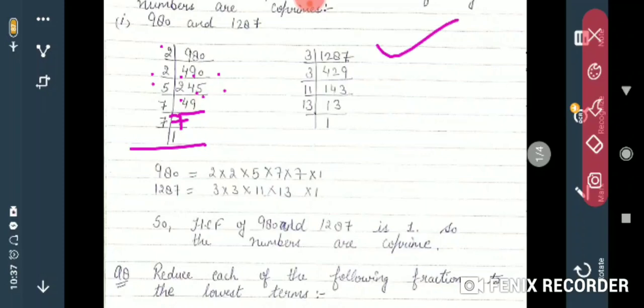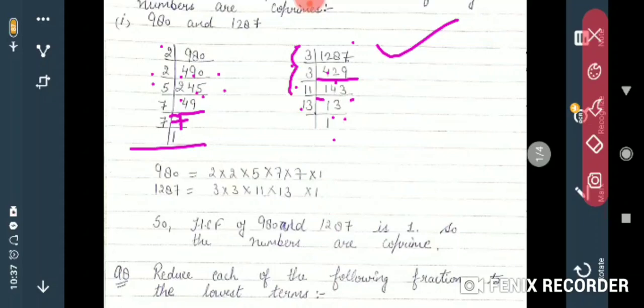Then 1287. The last digit is 7, so it won't be divided by 2. Then 3. 3 4s are 12, 3 2s are 6, 3 9s are 27. Then 3 1s are 3, 3 4s are 12, 3 3s are 9. Then 11 1s are 11, 11 3s are 33. Then 13 1s are 13.